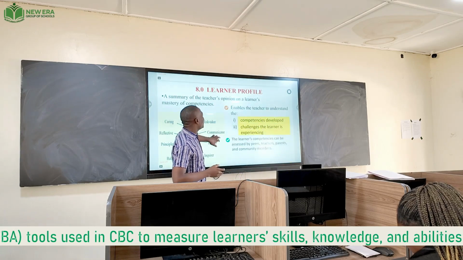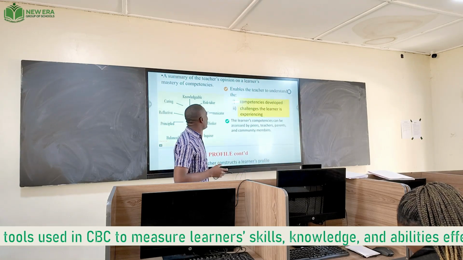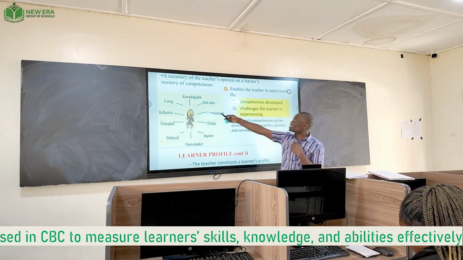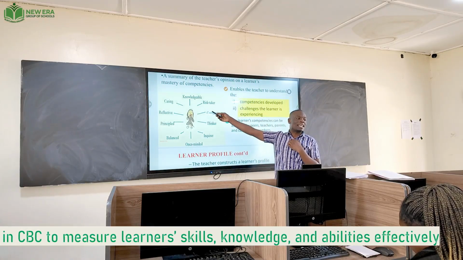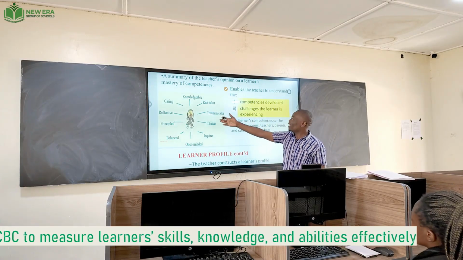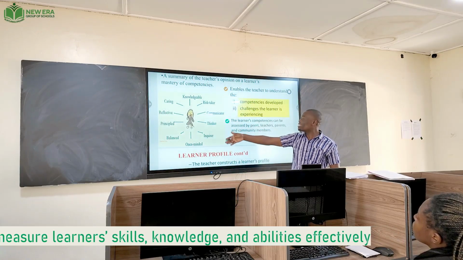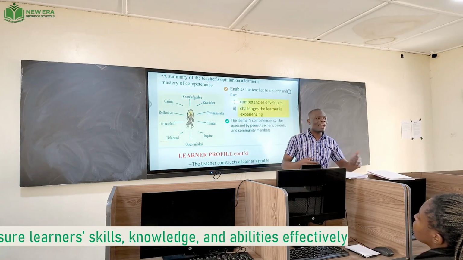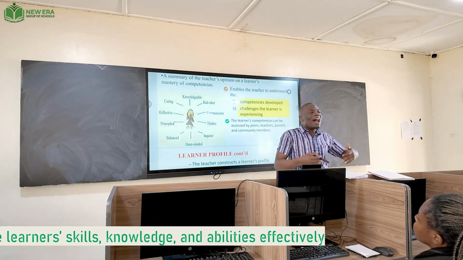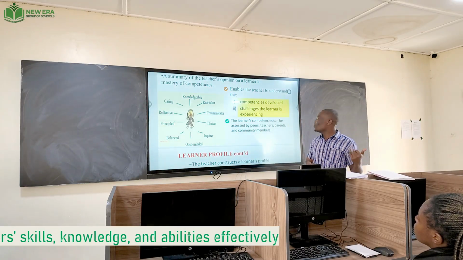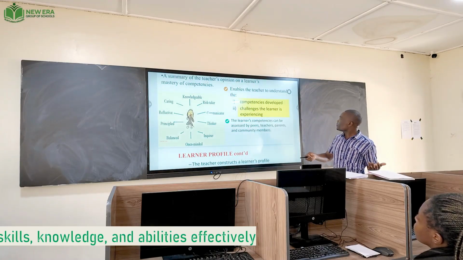So what is put in the learner's profile? Here are some of the entries that can be put in the learner's profile. The knowledge, if he is a good communicator, if he is an inquirer, how have you learned about the learner you are talking about?